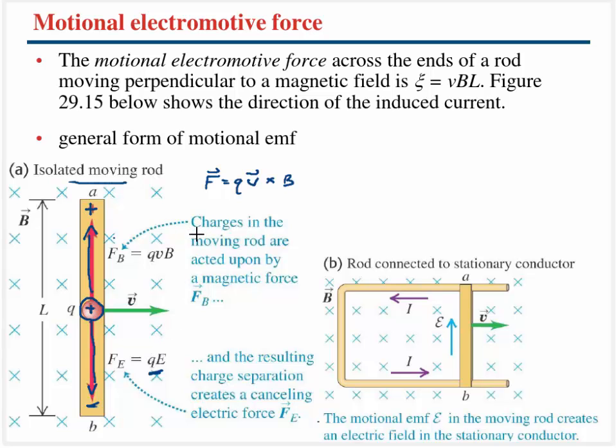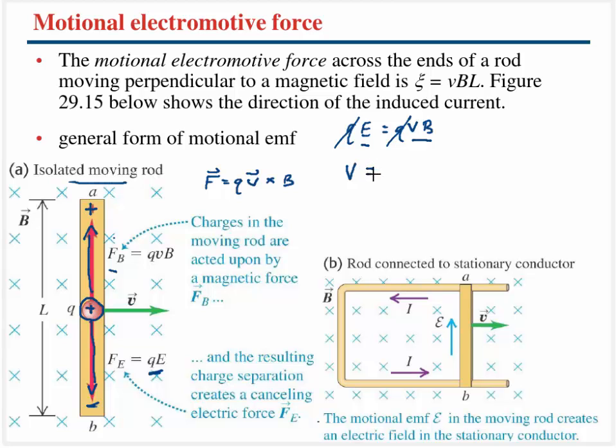Essentially, it's going to balance the magnetic force out. So we could say that the charge multiplied by the electric field is equal to the charge multiplied by the speed multiplied by the magnetic field, and those charges are going to go away. So our electric field is simply going to be the velocity multiplied by the magnetic field.